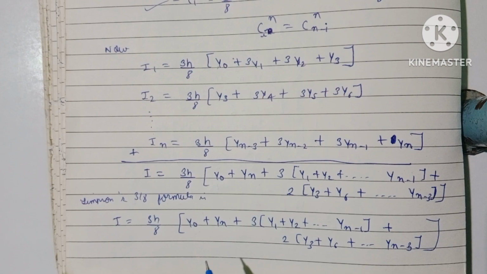For memorizing this formula, you can learn it as I equal to 3h by 8 times (y0 plus yn).